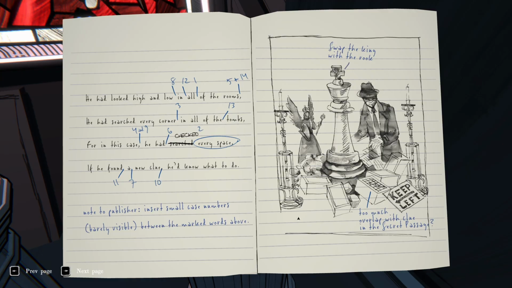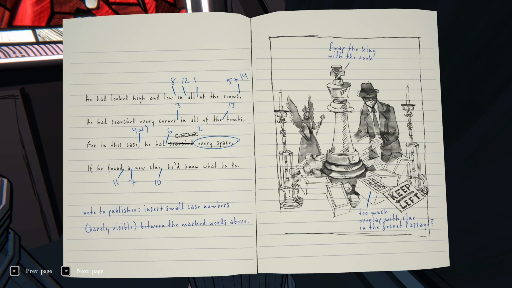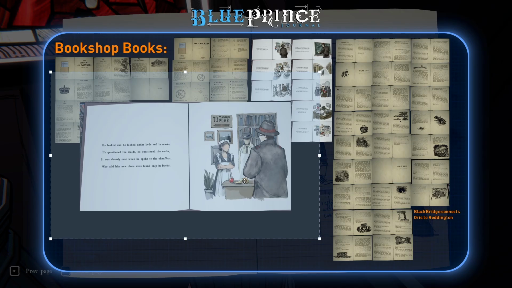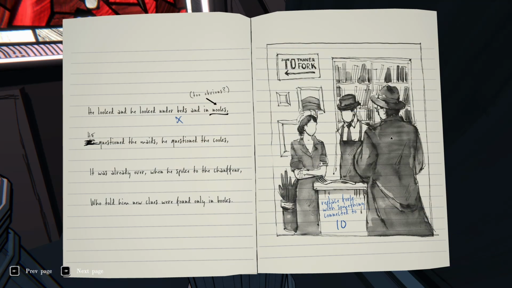So, 1 second. So, okay, I already have both. Something connected to 10. Oh, right. That's 5, 6, and 8, 9, 10. I wonder how that's important. Is Tanner Fork number 10? It is. On the station map.